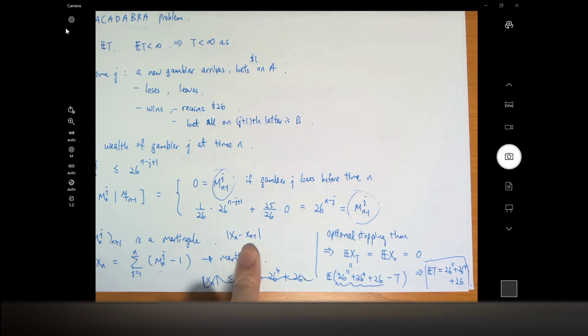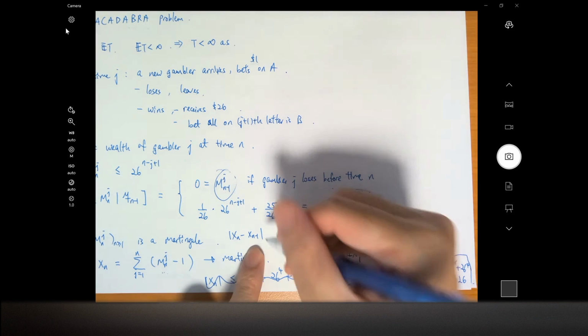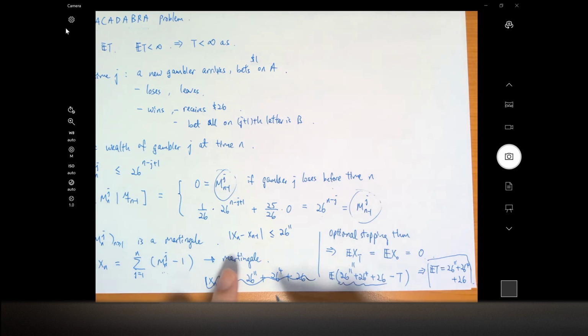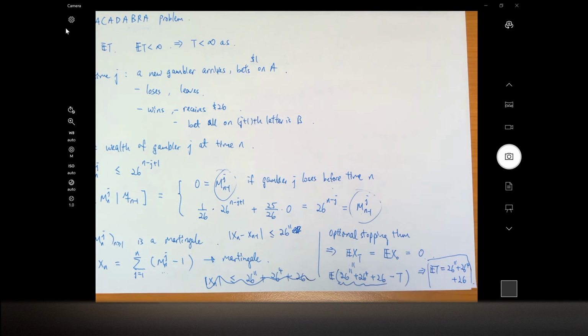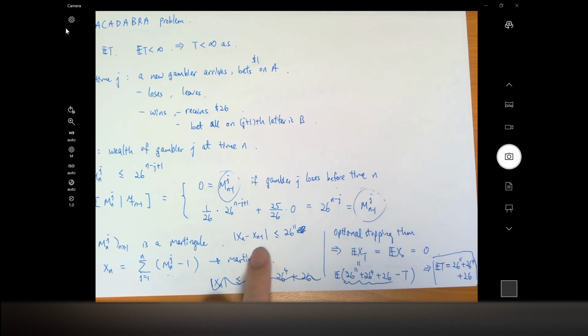If I look at this, it will be bounded by 26 power 11, since it is just the difference of one gambler, the maximum value that one gambler can accumulate. Because it's already minus, the minus 1 cancels out. So then we just have to make use of the other result, where it has a bounded increment.